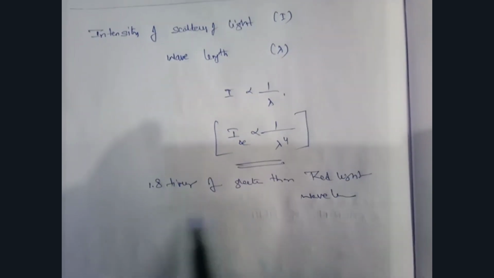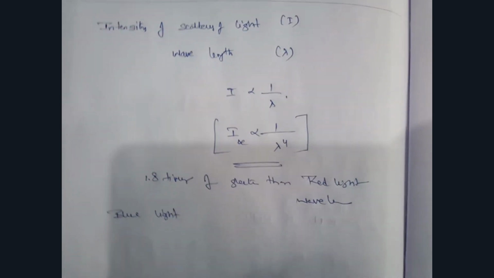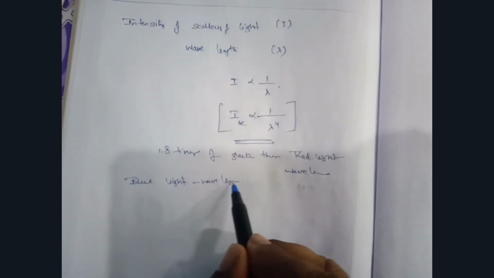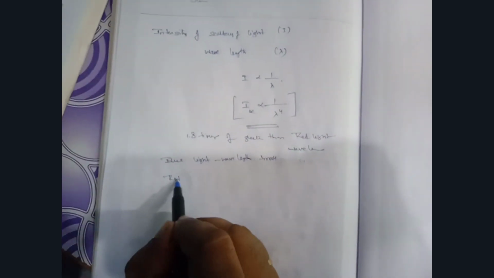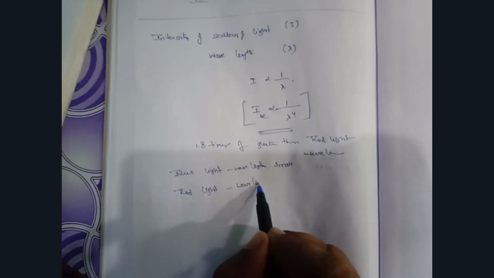Blue light wavelength is very small, and red light wavelength is very large.